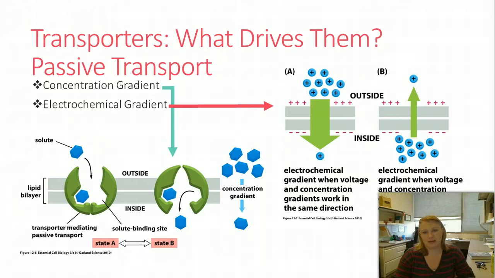If the electrochemical gradient's the opposite, then it does work to a lesser extent. And so you can see how this charge will work. And I know this electrochemical charge might be a little murky, but hopefully we'll clear that up here in just a second.